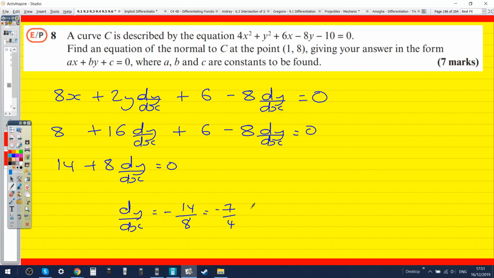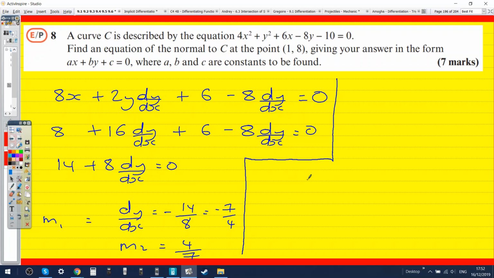That means that the gradient of the normal is the negative reciprocal, so it's 4 over 7. Plus 4 over 7x plus c.